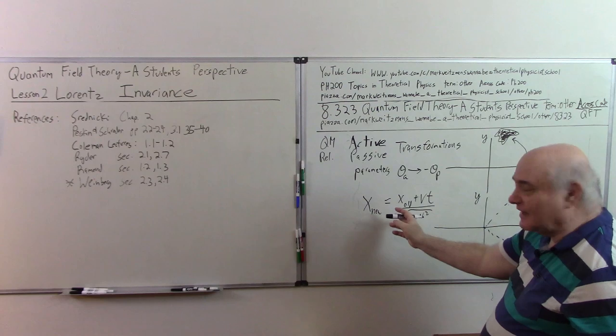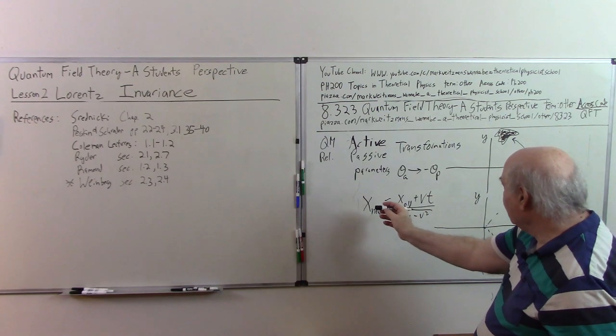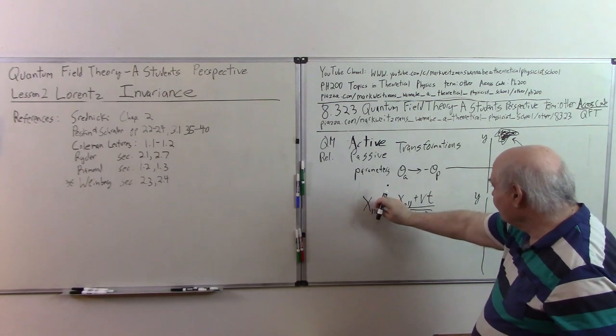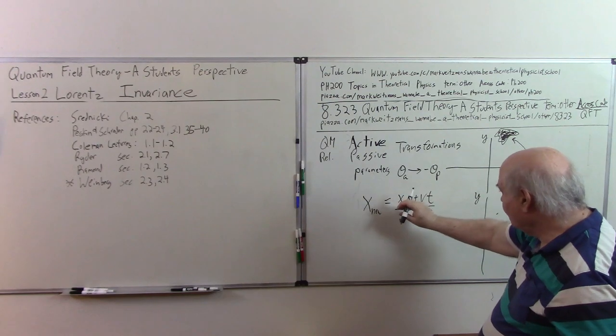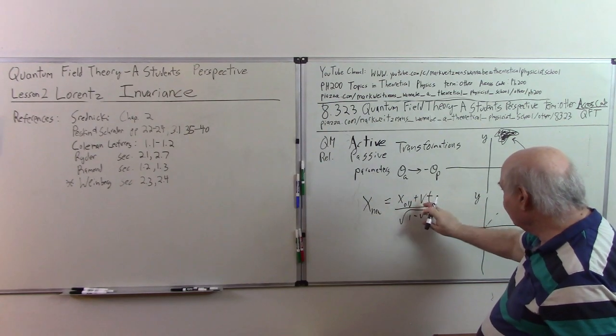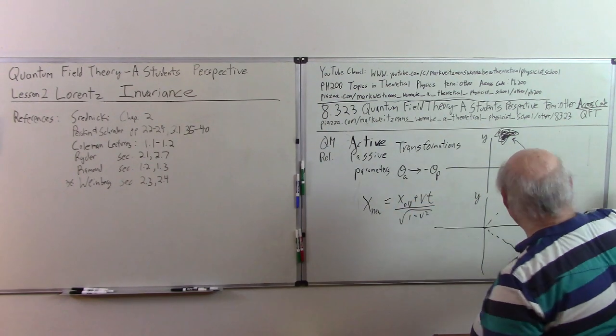I'm not changing my coordinate system, but my particle, before it was at rest or moving with a certain velocity, is now moving with a larger velocity given by v, and it's moving that way.